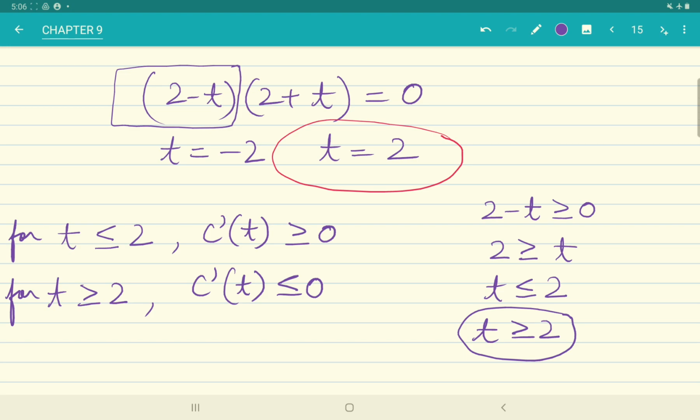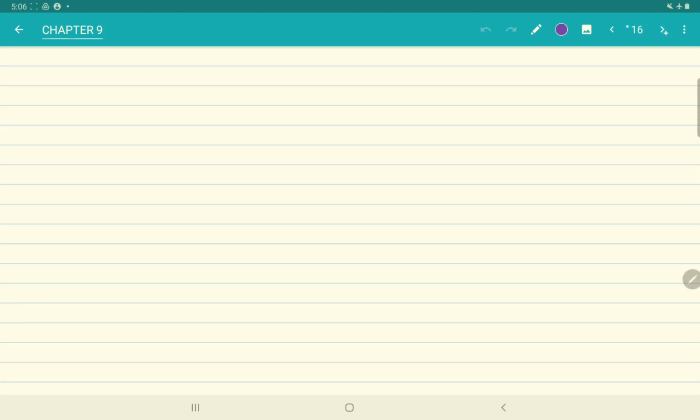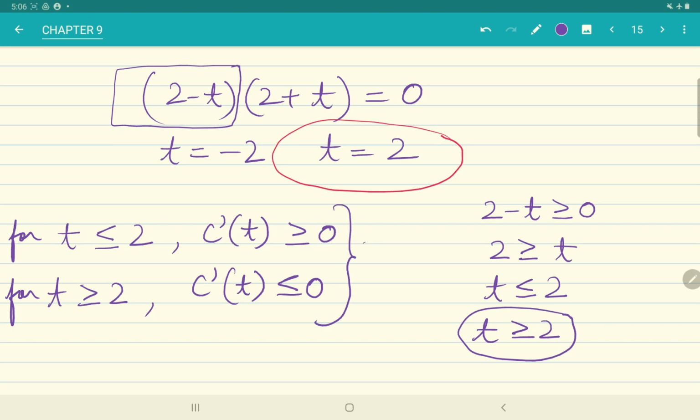So if we want to find out the time of maximum concentration, we can say the concentration of the drug is highest after 2 hours of injection, as in after 2 hours the drug is injected into the bloodstream. So this maximizes C of t.